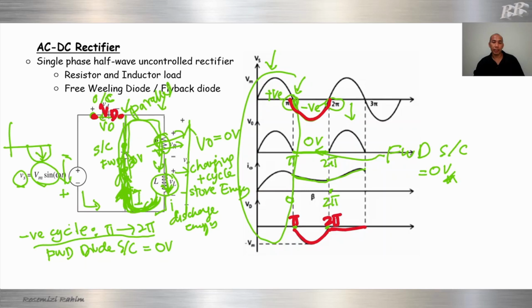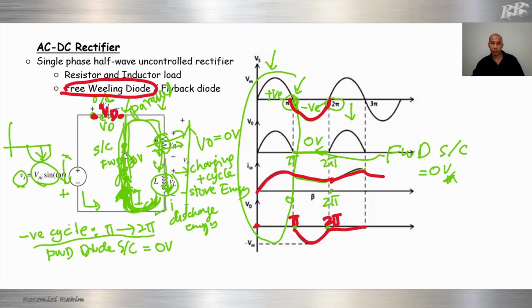We can see that in this circuit, by using a freewheeling diode, we can produce continuous current. We call this continuous conduction mode. Now, what is the conduction angle?